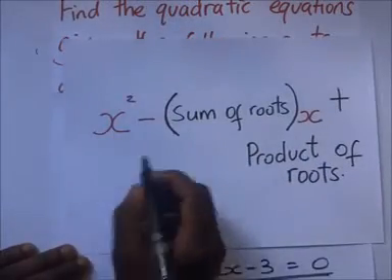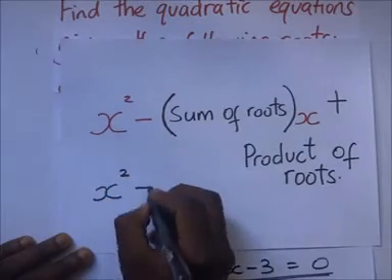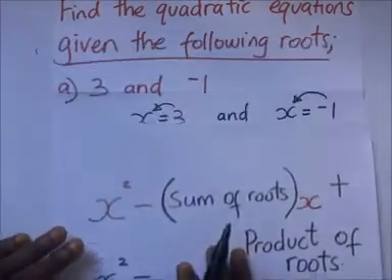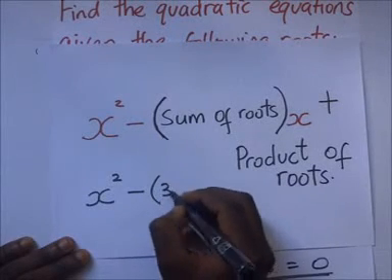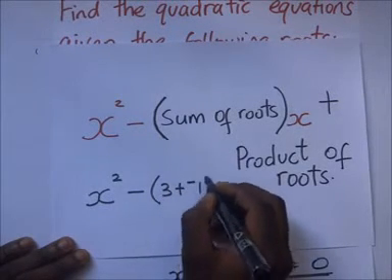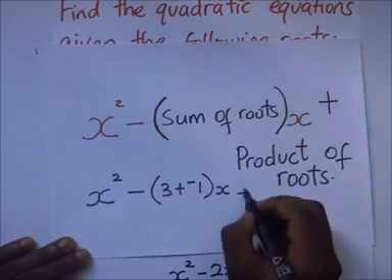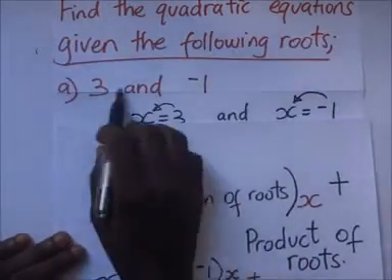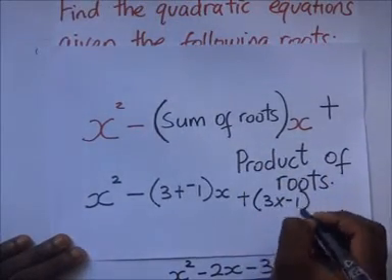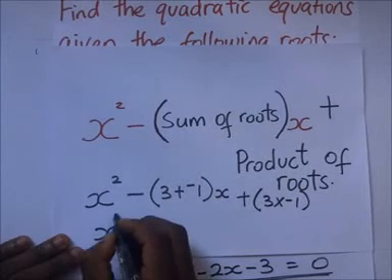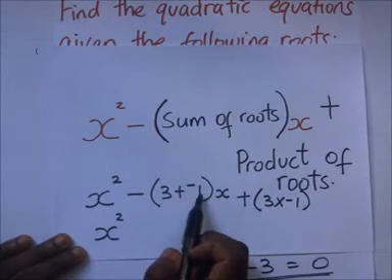So let's substitute it directly here. It's going to be x squared minus the sum of roots. The sum of the roots is 3 plus -1. So it's minus 3 plus -1 x, then plus the product of the roots, which is 3 times -1. So you end up with x squared. Then 3 plus -1 is going to give us 2.